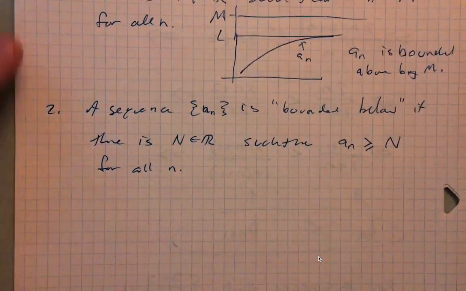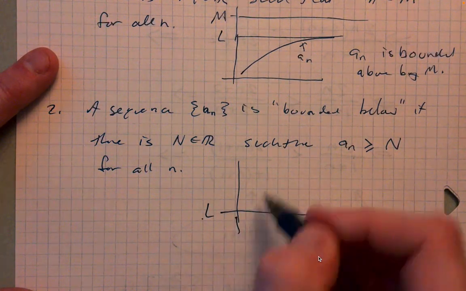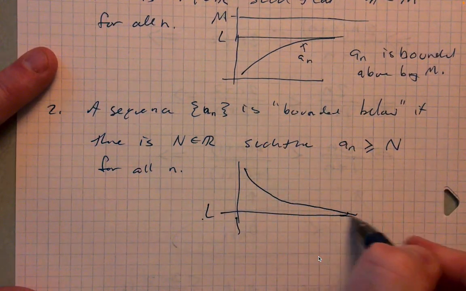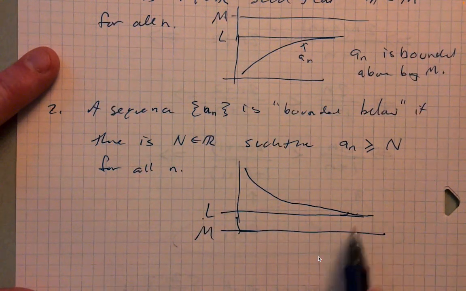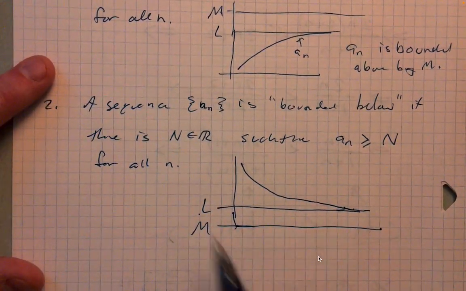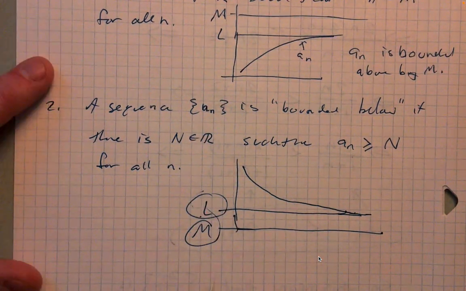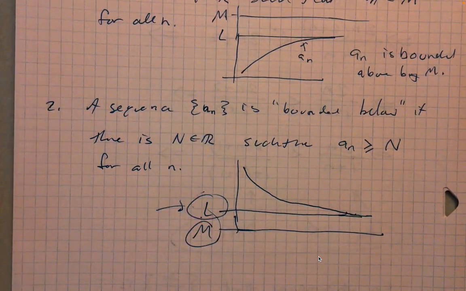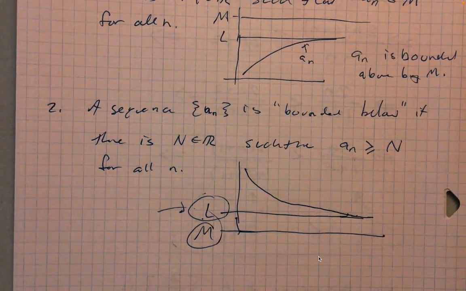It's the same idea. I've got some limit L, and a sequence that maybe comes down to L, and there's going to be some M that is smaller than all the terms of the sequence. Turns out L is as well. L is a special kind of lower bound, but M is also a lower bound. The key here is that the sequence is bounded. It doesn't continue to go down forever.